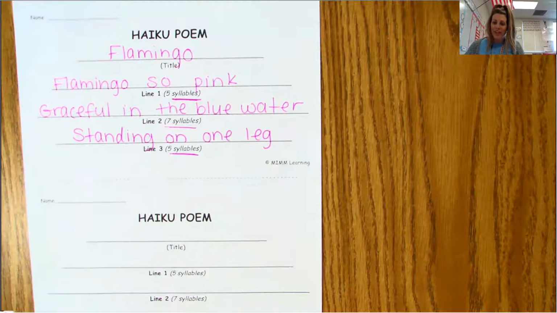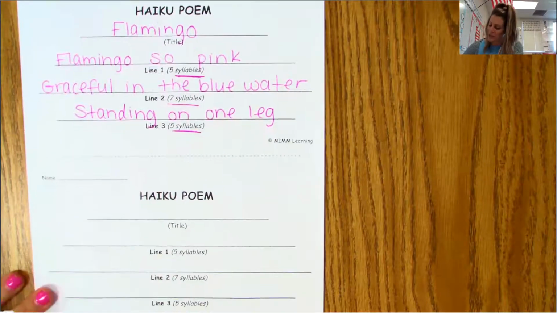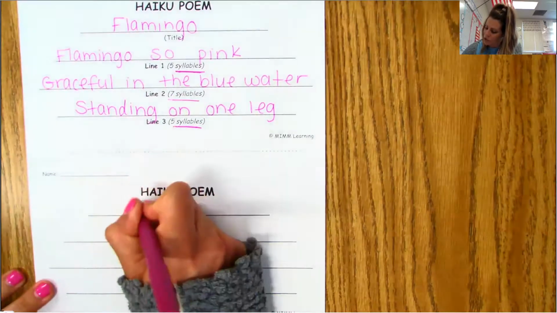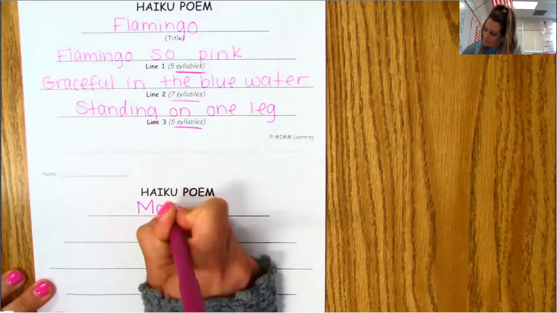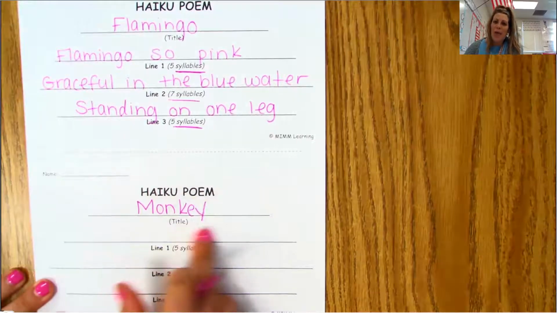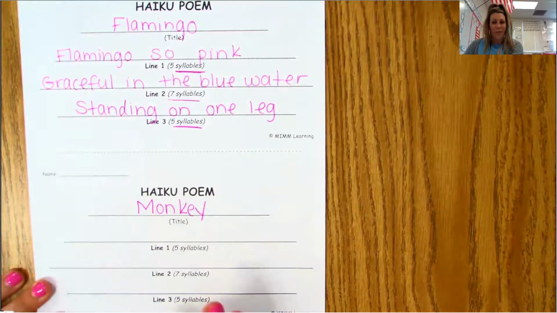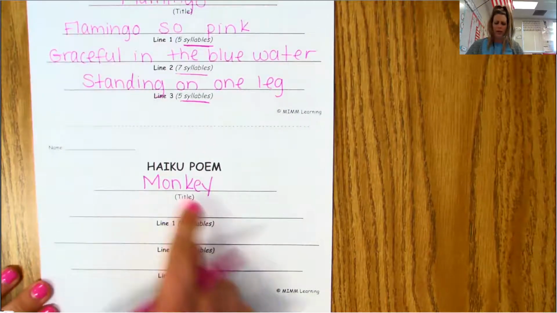Let's do one more together. Let's do it with the one you did earlier last week, monkey. So we start with our title. And we can always include our animal in our line. Maybe not every line, but to help us get those syllables. How many syllables are in monkey?